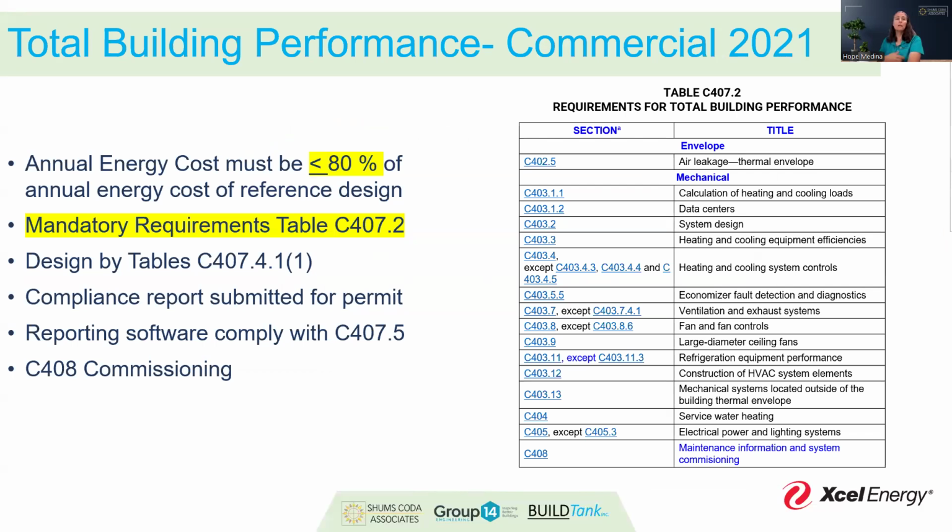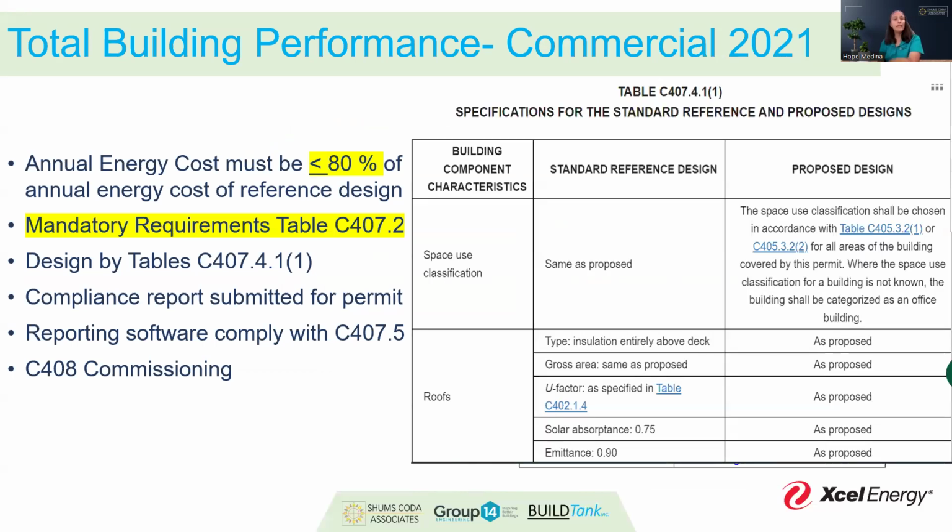Now, the next component you would have to take a look at is ensuring that the design incorporates the requirements listed within table C407.4.1. And that's what you would find here. You would then have to provide a report like what I showed you, which has to be submitted at plan review, so when they submit for permit, it's got to be there. It has to comply with all of the requirements for the software that you would find in C407.5.